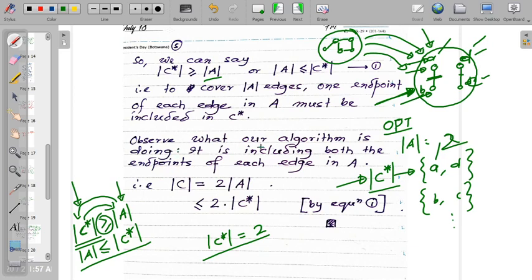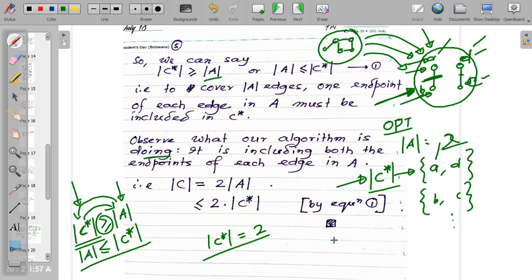Now observe what our approximation algorithm is doing. Whenever I pick up an edge, I include both the vertices.